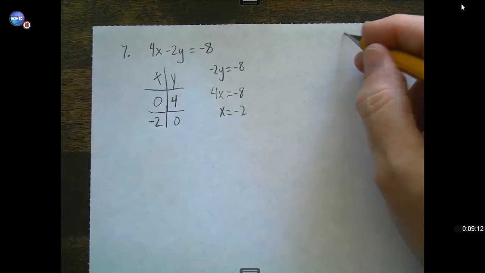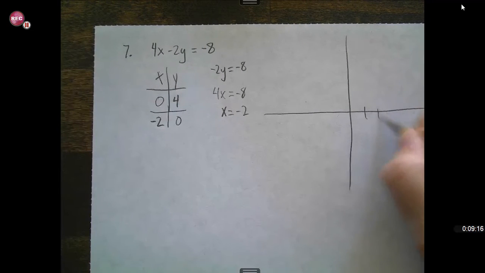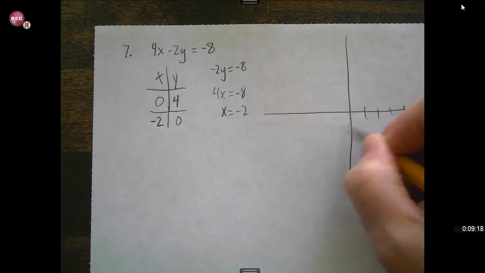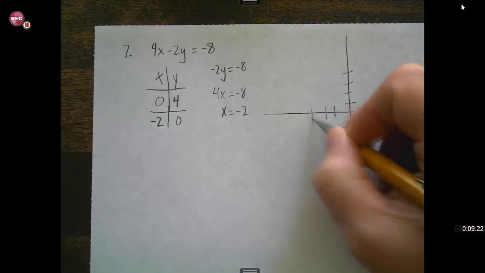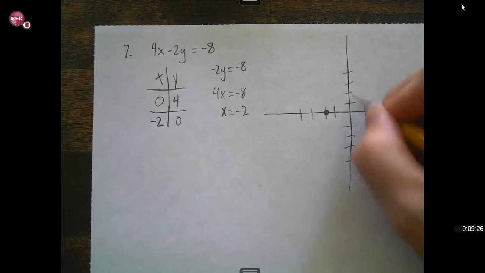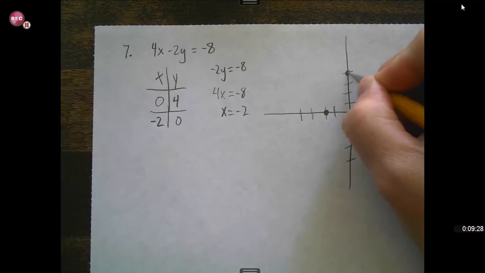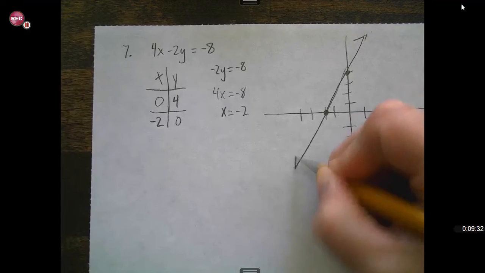And so then I just graph those. Scale in here. So (-2, 0) will be here, and (0, 4) is here, and that line looks like that.